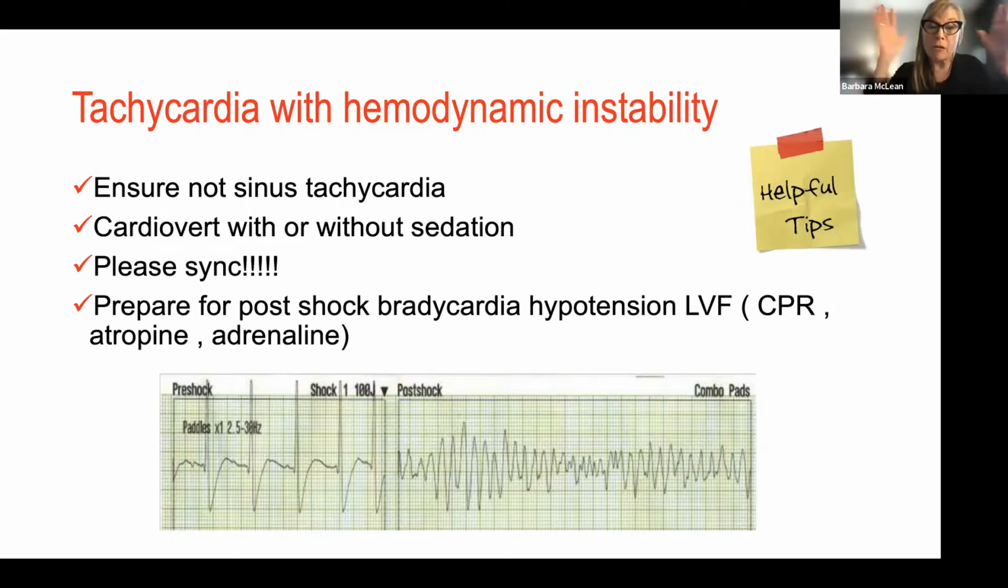So we expand our mind to not just say SVT, because SVT covers a tremendous amount of problems. And what we want to do is give the best therapy for the problem. We're really lucky in today's world because we have amiodarone and we have cardioversion.